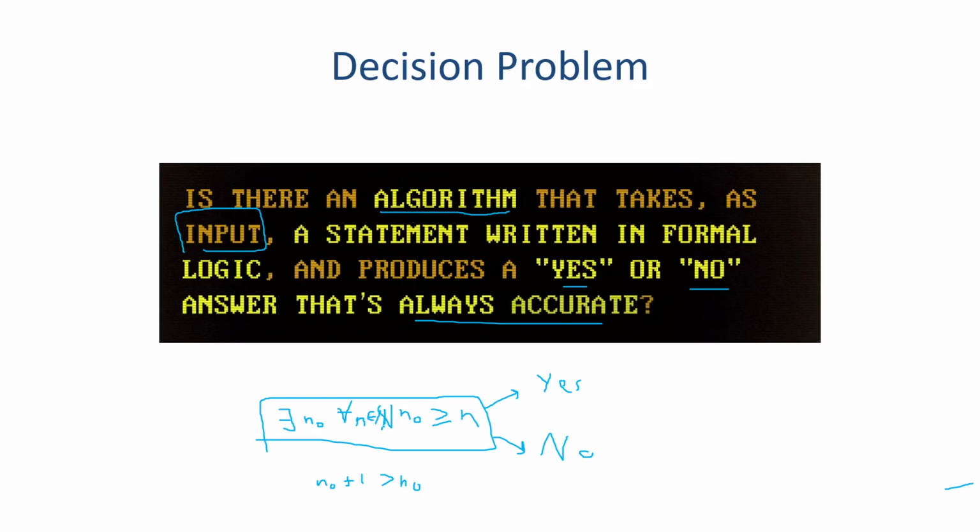Input. Yes, no, it's always accurate. We've talked about this before. It's kind of like a decider in Turing machines, right? What's a decider again in Turing machines? It's a Turing machine. You give it some input, it'll be correctly able to tell you yes or no.